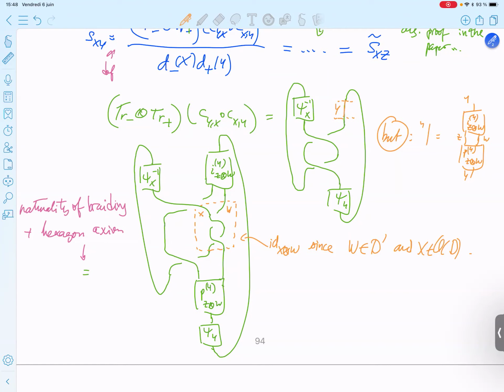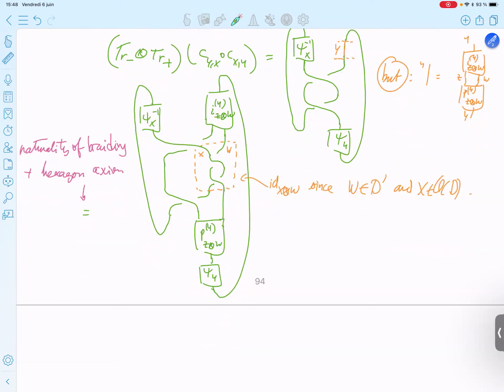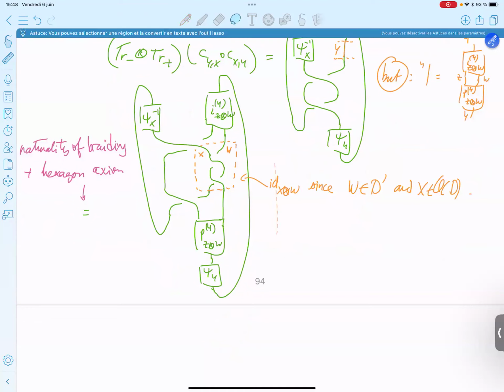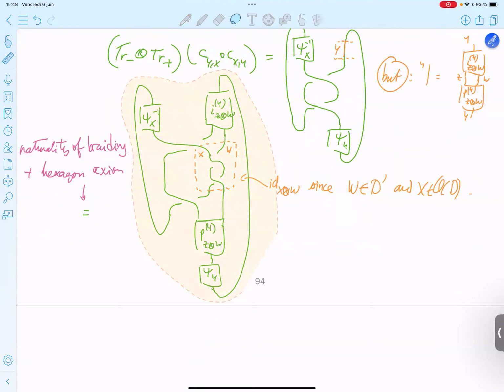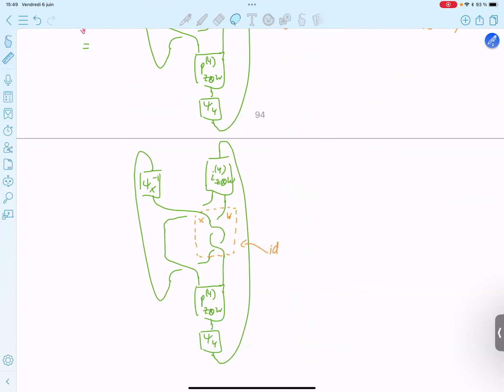Okay, so then you can replace this double braiding by an identity. Let me do that. Let me just copy and paste to here. So this is equal to, remove that.